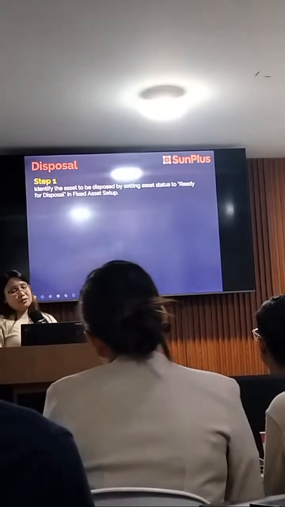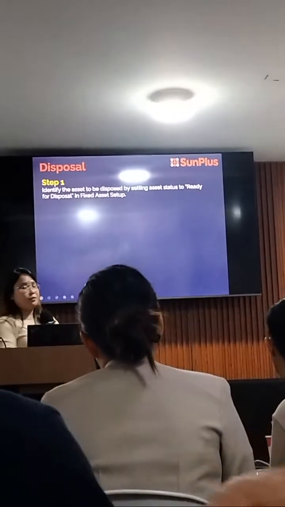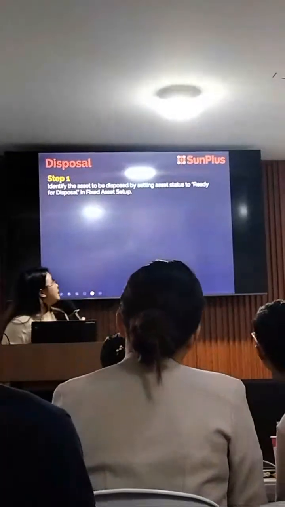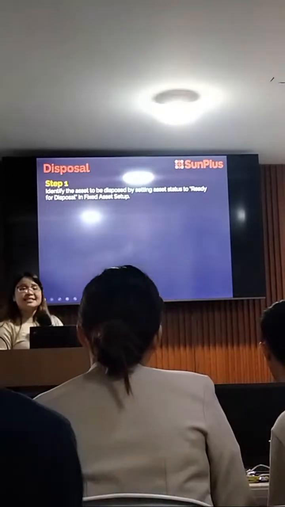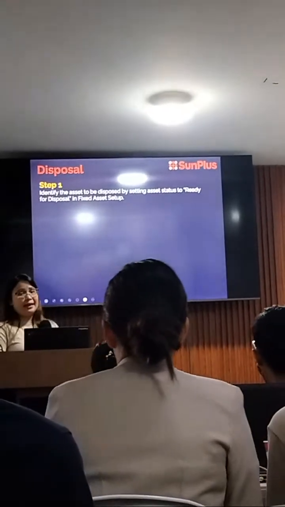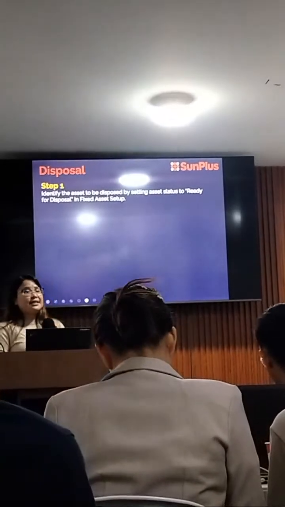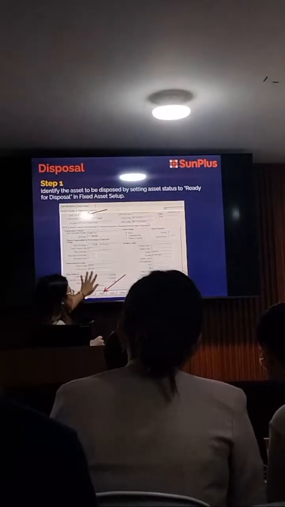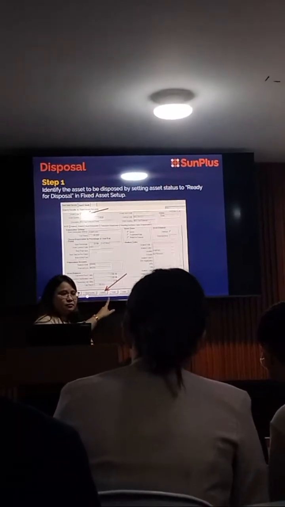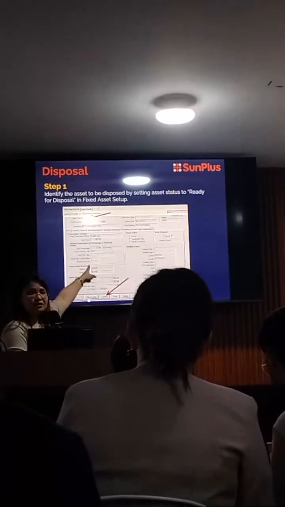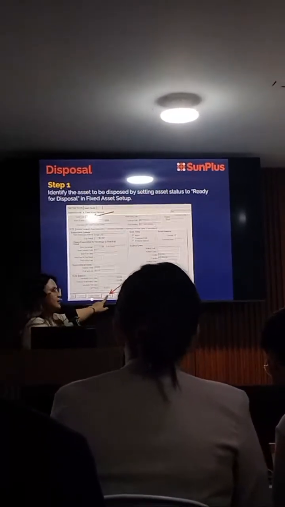Disposal, step 1. There are a few steps for disposal also. Step 1, identify the assets to be disposed by setting the asset status as ready for disposal in fixed asset setup. So we go to fixed asset setup. We click amend. If we were going to dispose asset code E0006, click amend.